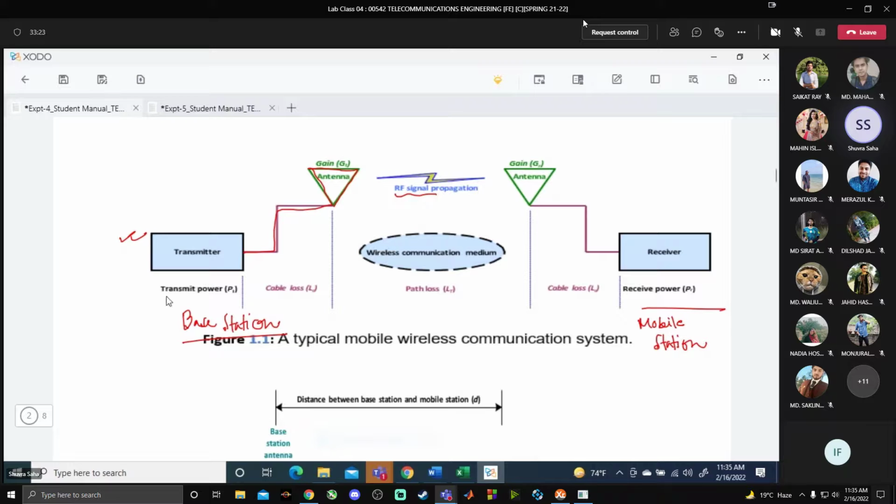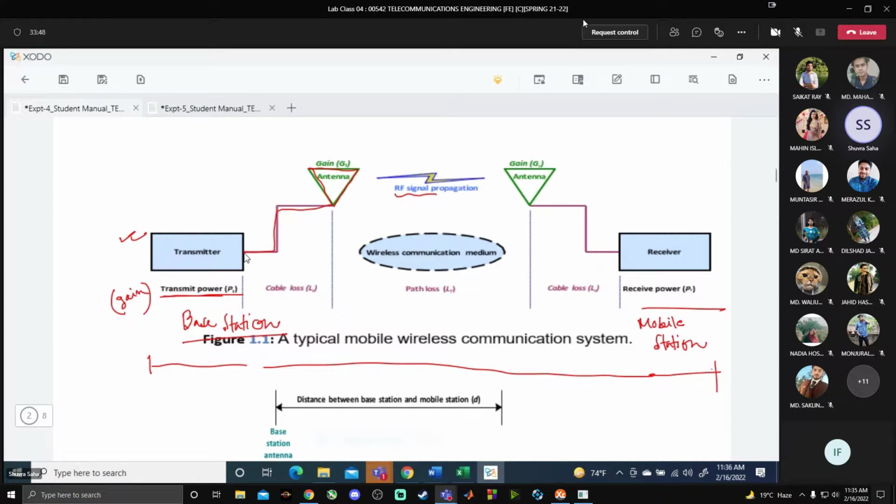From the transmitter, we give a particular amount of power to the signal. This is called transmit power, PT, and you can consider this a gain factor, because we want to define an equation from this point to this point, so we need to know the gain and loss factors of the signal throughout.